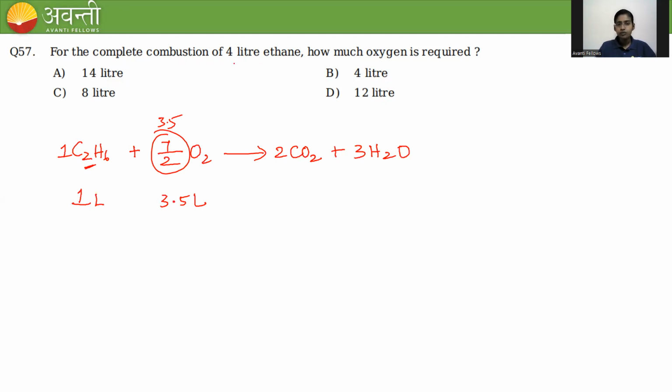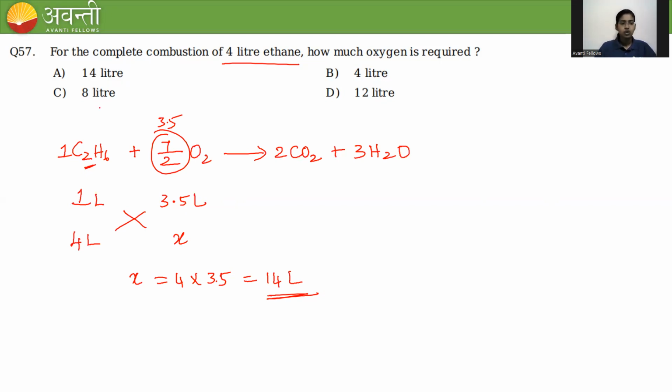Okay, now for 4 liter of ethane, how much oxygen is required? So just we have to cross multiply this and get the answer. So x into 1 will be equal to 4 into 3.5 and this will give 14 liter. So 14 liter of oxygen is required for the complete combustion of 4 liter of ethane.